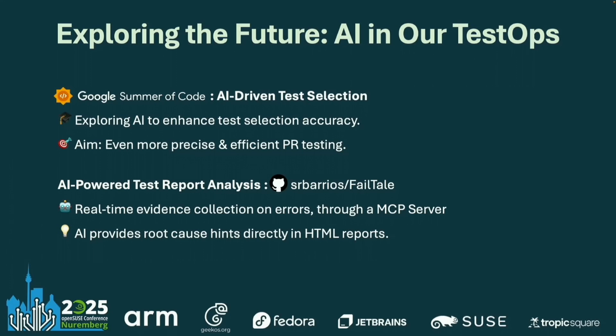These are early days for using AI in our testing, but it's an area we are very interested in and experimenting with, to push the limits of what's possible in automated quality checks.